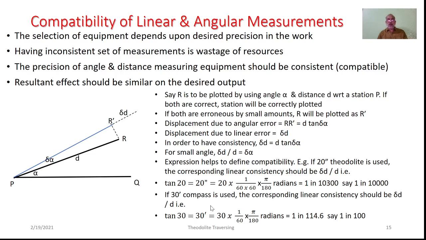So if you are going for a compass for traversing, it's better to go for a steel chain or some such means, say some steel band we can make use of. Whereas if you are going for Theodolite traversing, we have to preferably go for a steel tape and have the distance measured in the forward manner and in the backward manner, in order to facilitate the proper plotting of the features.